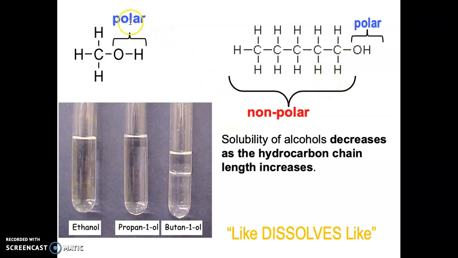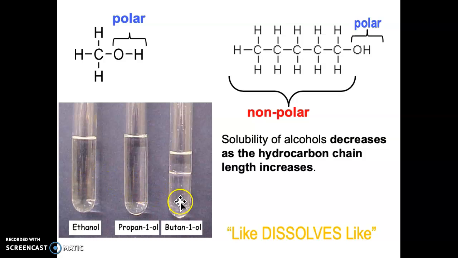So as long as you're a small alcohol, then your polar OH group will mix with the water, and that's fine. So this is water and ethanol, and you'll see it's all single solution because it's mixed or miscible. And this one here, you'll see again 3 carbons, it's able to mix. So these are small alcohols.